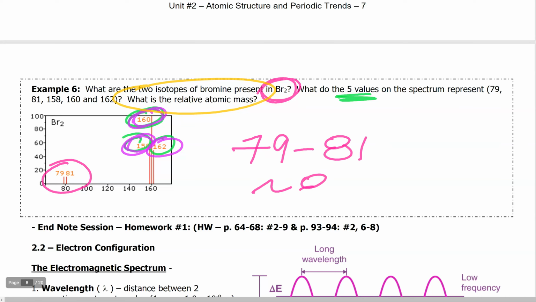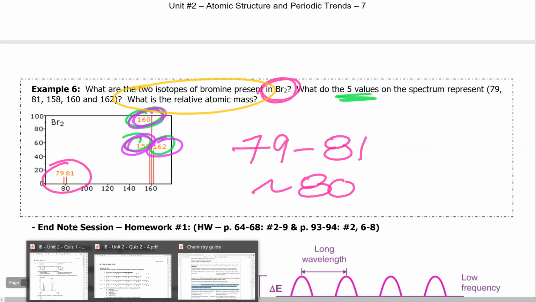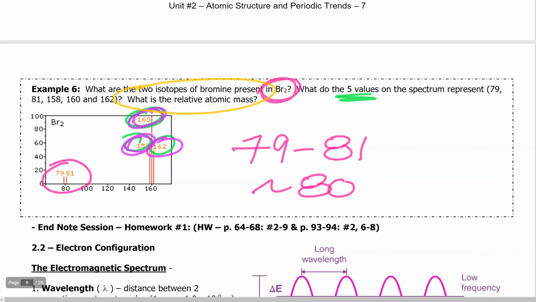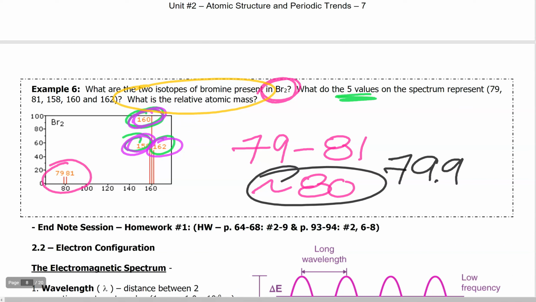So we're going to say it's probably about 80. If you look up bromine on your periodic table, you can just verify that. On the periodic table I gave you, it's going to be 79.9. So about 80 is right.